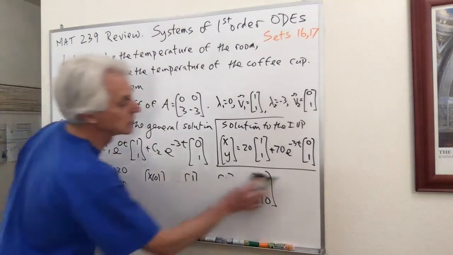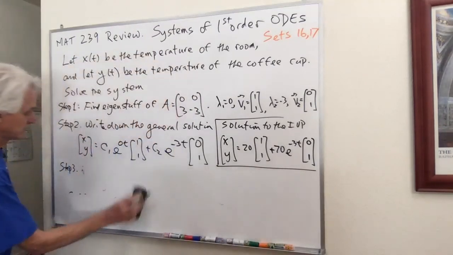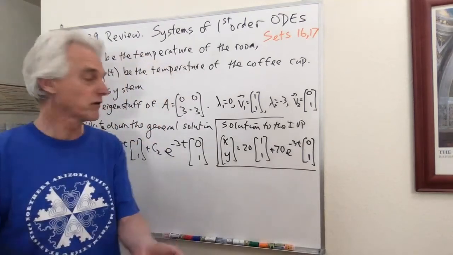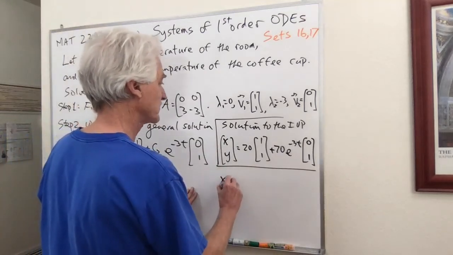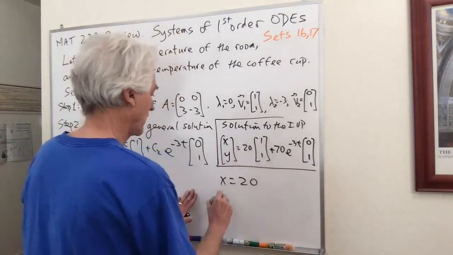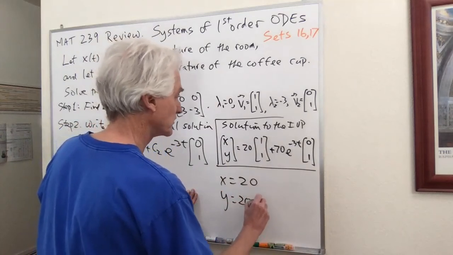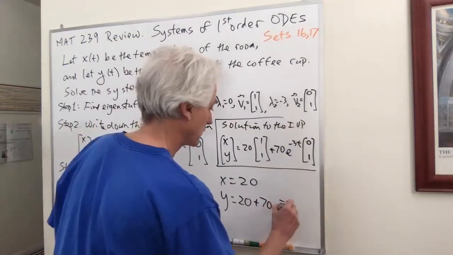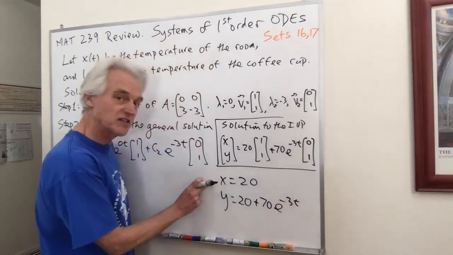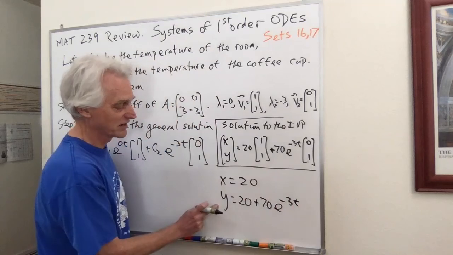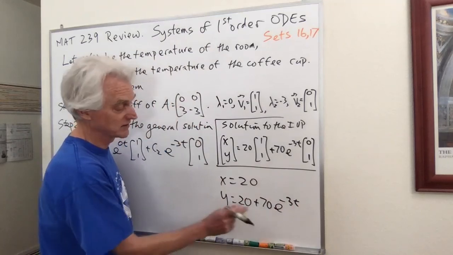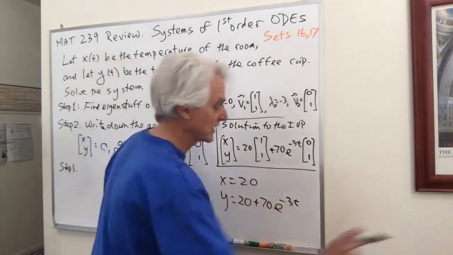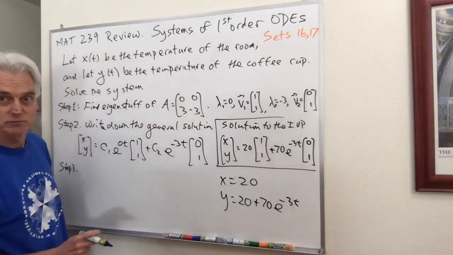It's probably a good idea to write that in terms of the two components. So in other words, x is equal to 20, and y is 20 plus 70 e to the minus 3t. So the room temperature starts at 20, stays 20 forever. And the coffee cup is the temperature of the room plus 70, the initial temperature deviation from the room, times the decaying exponential.